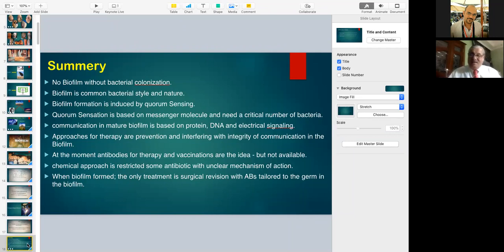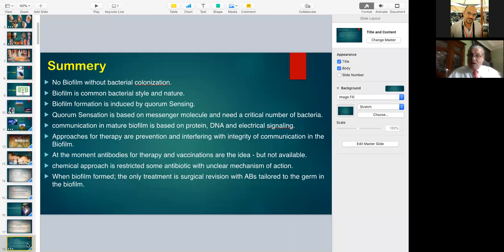What are the ideas? We talked about prevention by blocking communication and quorum sensing. We talked about many ideas. One of them is antibodies and vaccination, but it is not viable till now. We talked about chemical approaches, but some of them are toxic and without benefit.